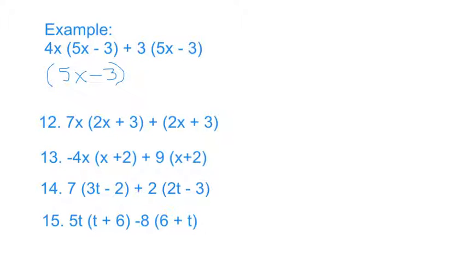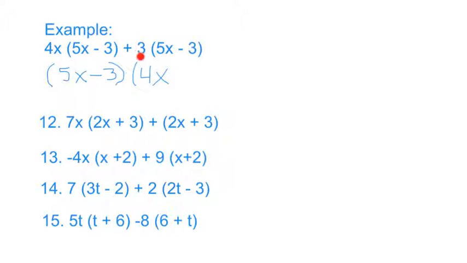What's left in this first term after I pull out the 5x minus 3? Anybody? 4x. Just the 4x. So we're going to have a 4x there. And then what's left in this term after pulling out the 5x minus 3? 3.